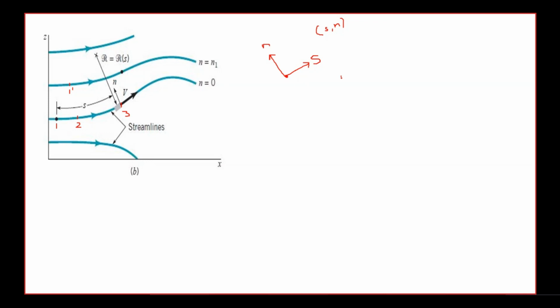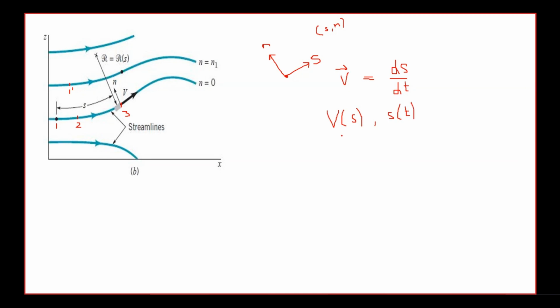So if we define velocity as change in position, that is the distance traveled along the streamline, then velocity would be equal to ds by dt, where s is the distance traveled along the streamline. Now velocity is a function of s, the s coordinate, and s is a function of time because s is changing with time.